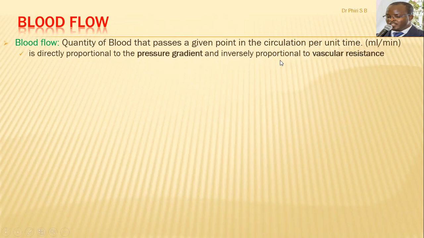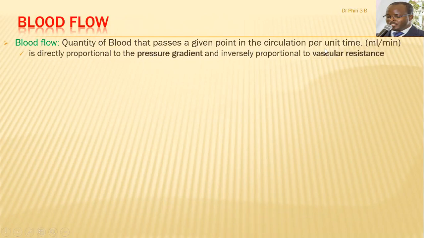So if you have an increase in pressure gradient, you're going to have an increase in blood flow, which makes sense because pressure is what drives the blood flow. But resistance is inversely proportional to blood flow. So if you have a decrease in vascular resistance, you're going to have an increase in blood flow.